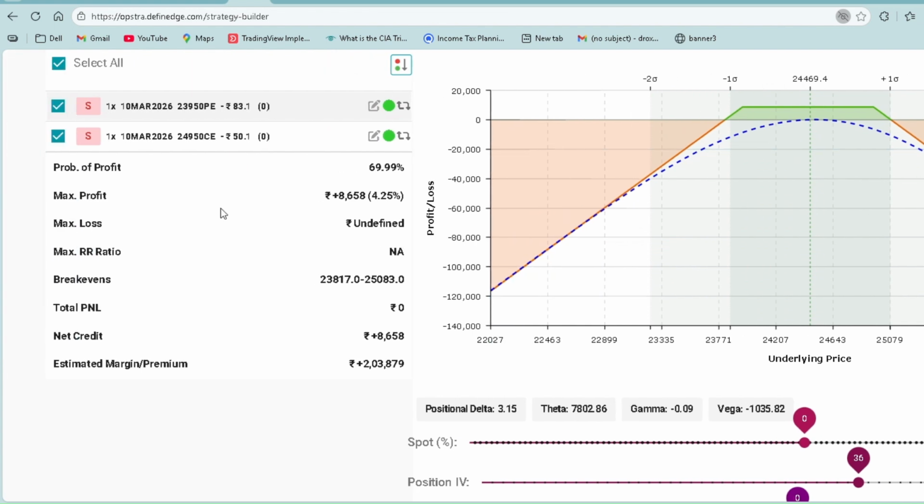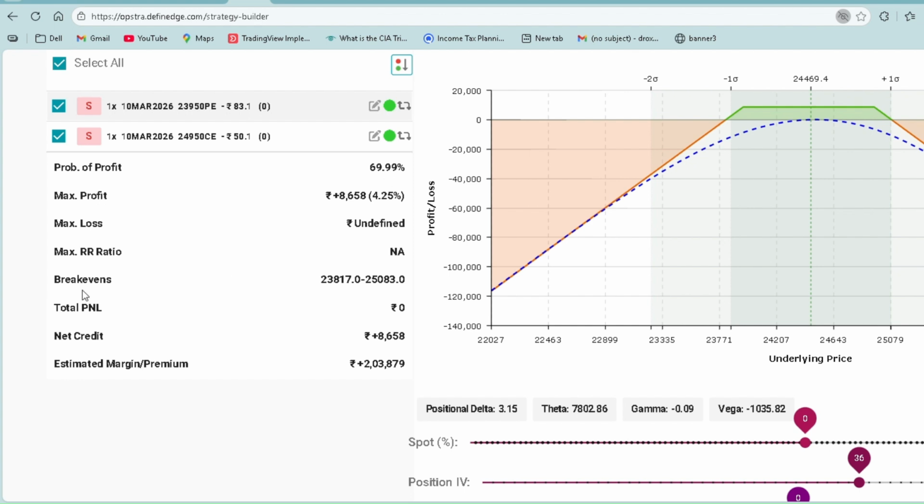When we sell both these options, we collect premium from both legs. So the probability of profit is 69.99%. Max profit is 8,658, that is 4.25%. Max loss here is undefined, which means maximum loss is unlimited.